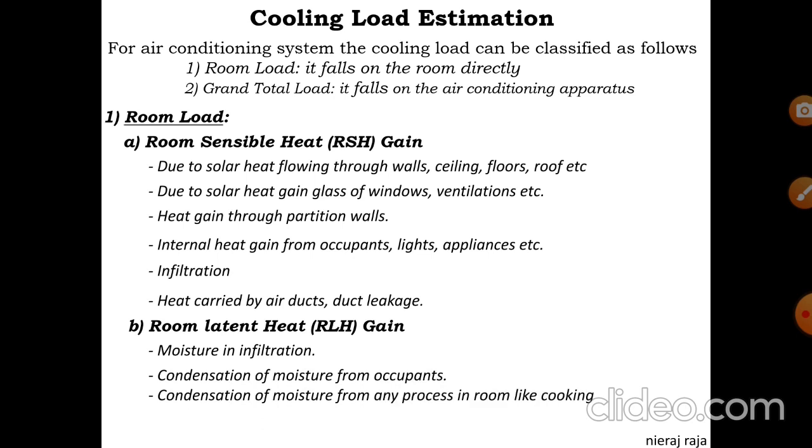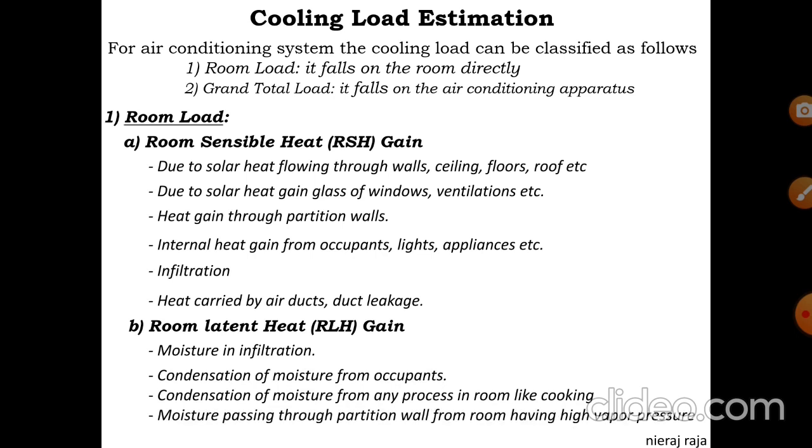Again, it might be possible that inside the room certain activities or processes are going on. Through these processes, there might be some condensation of moisture. For example, a cooking process where the moisture is high. So that's also one source of latent heat gain.